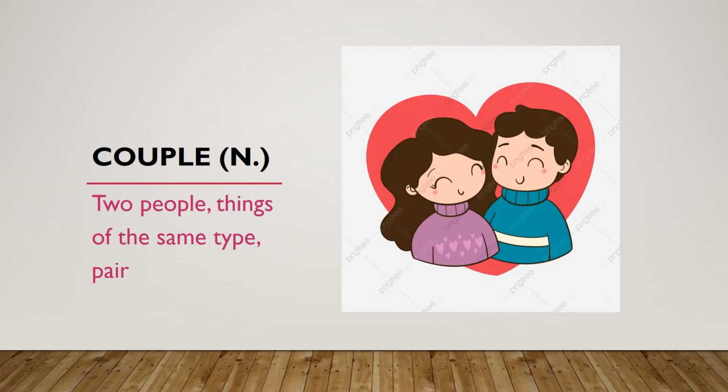Couple. Couple is a noun which means two people or things of the same type, or a pair. For example, I spent a couple of days with my grandparents during the weekend. It means I spent like from 2 days till 5 days with my grandparents. Couple.